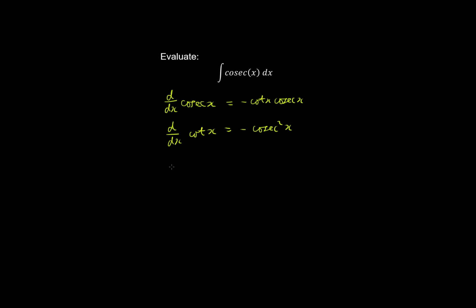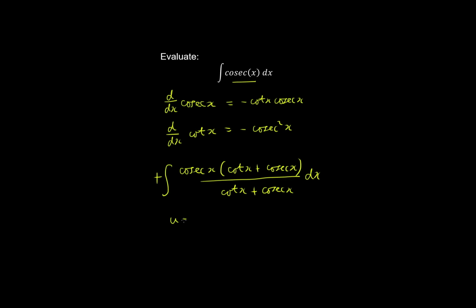So therefore we can rewrite this integral by factoring out cosec x and adding these two derivatives together. So what we get is minus outside, and we have cotangent of x plus cosec x. And to leave this integral unchanged, we need to divide through by minus the cotangent of x minus cosec x.